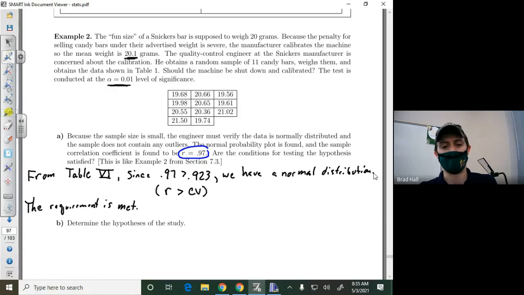And I wrote on the notes, this is like example 2 from section 7.3, just to tell you all, just to motivate where this process is coming from. We have too small of a data set, which means we can't just say, all right, we have more than 30 samples, so awesome. You have to check and see if your small data set is normally distributed, and that is exactly what section 7.3 did.